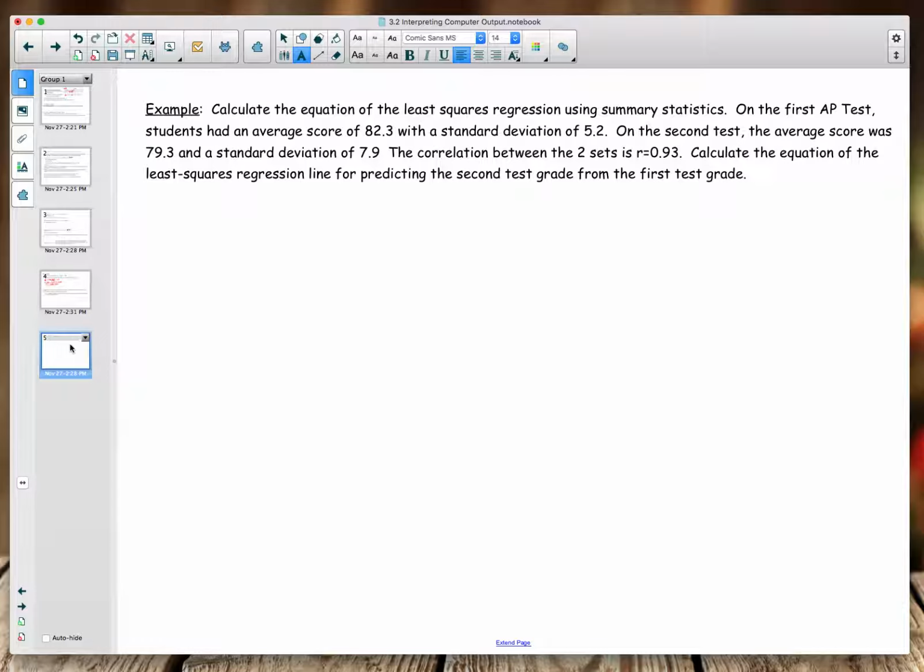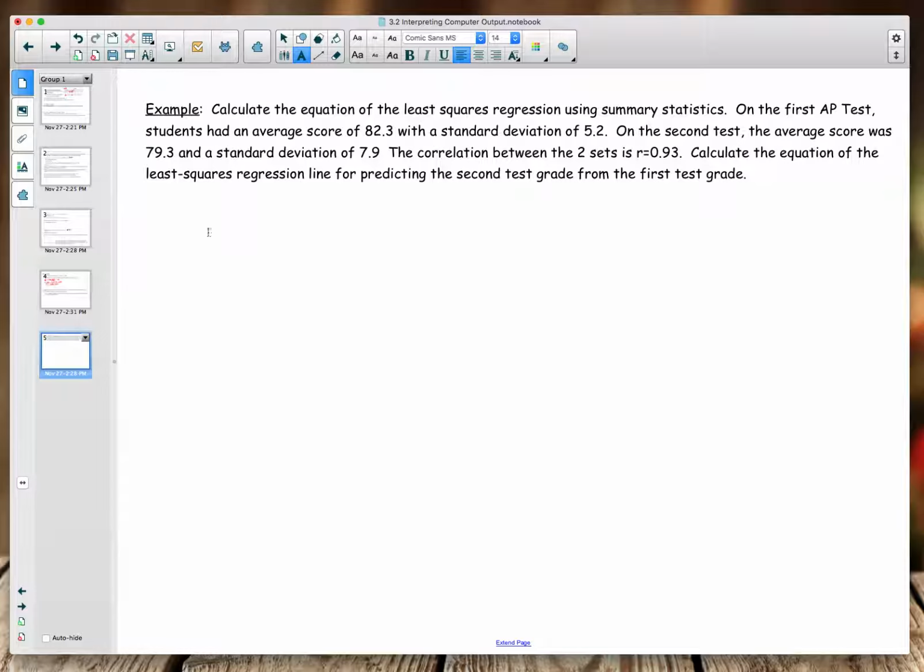So what we're going to do is calculate the equation of the least squares regression using summary statistics, and we're going to do another one using that formula, where we're going to predict the second test grade from the first test grade. So on the first AP test, students had an average score of 82.3 with a standard deviation of 5.2. On the second test, the average score was 79.3 and a standard deviation of 7.9.